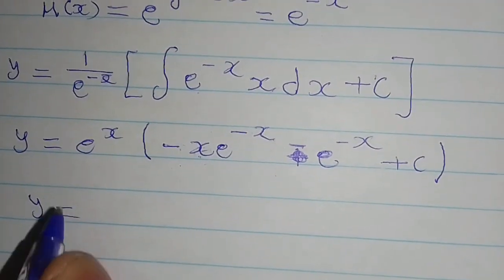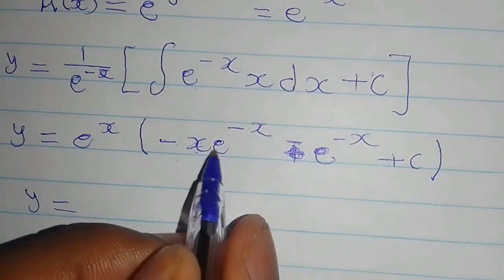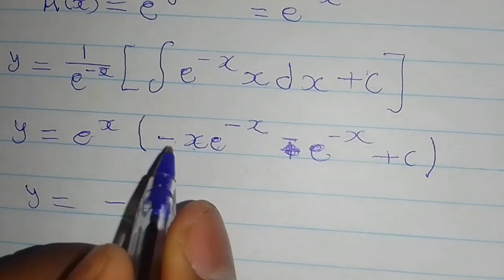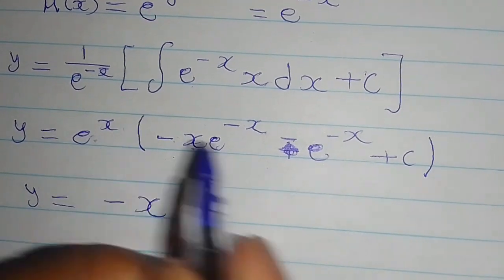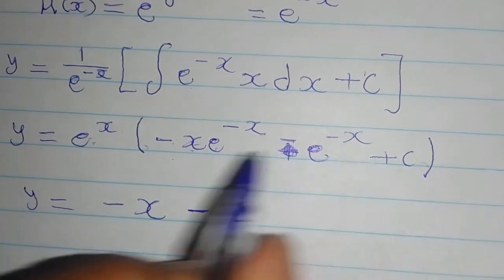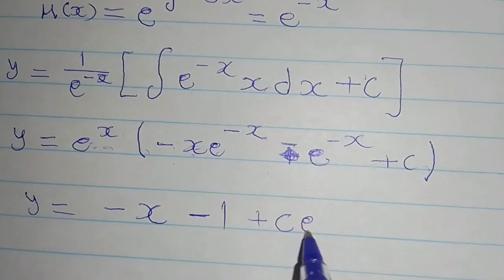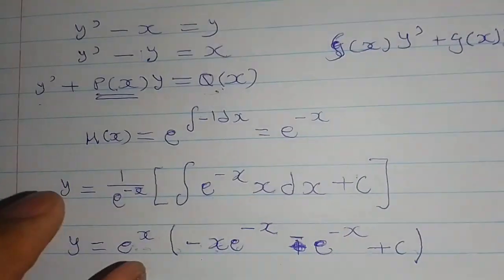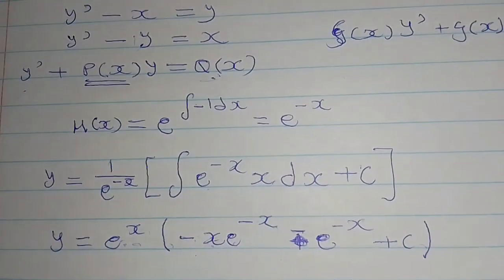Now notice you can distribute this inside. E to the power of x multiplied by e to the power of minus x will just simplify to 1. So you just have minus x times 1, and then e to the x multiplied by minus e to the power of minus x will simplify to minus 1, and then you're going to have that c e to the power of x, and that will be the general solution to this differential equation.